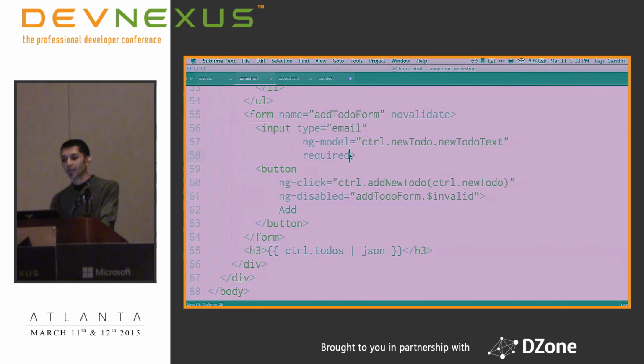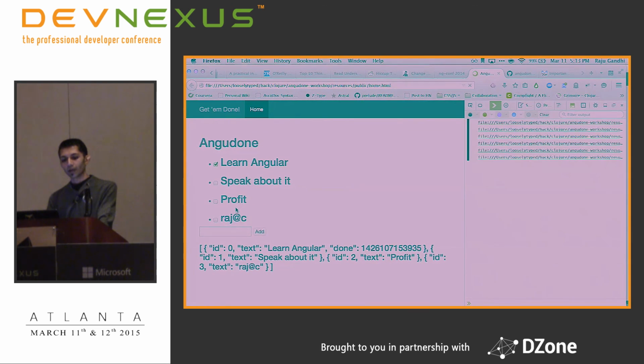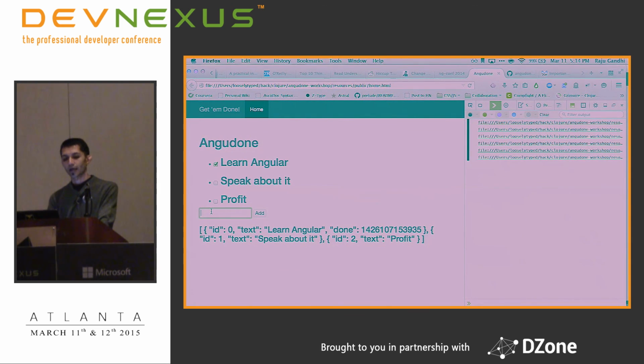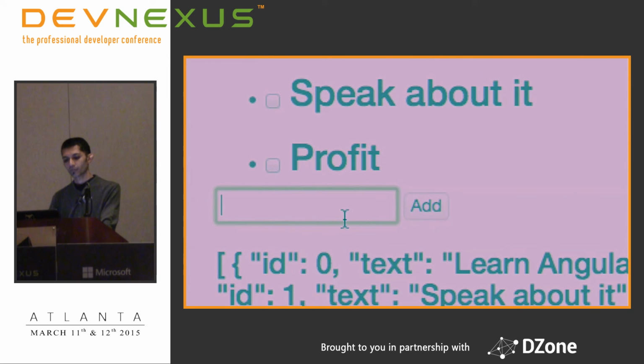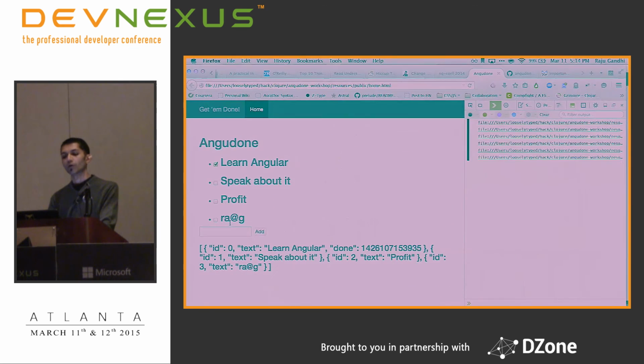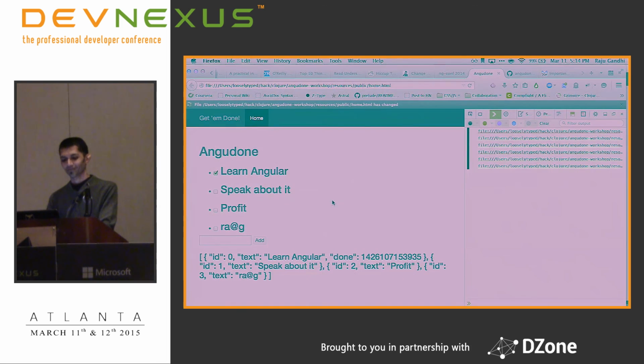You can even do stuff like minlength or maxlength and say 5. And now my email address has to be, it doesn't work for email addresses. Duh. This has to be text. Sorry.